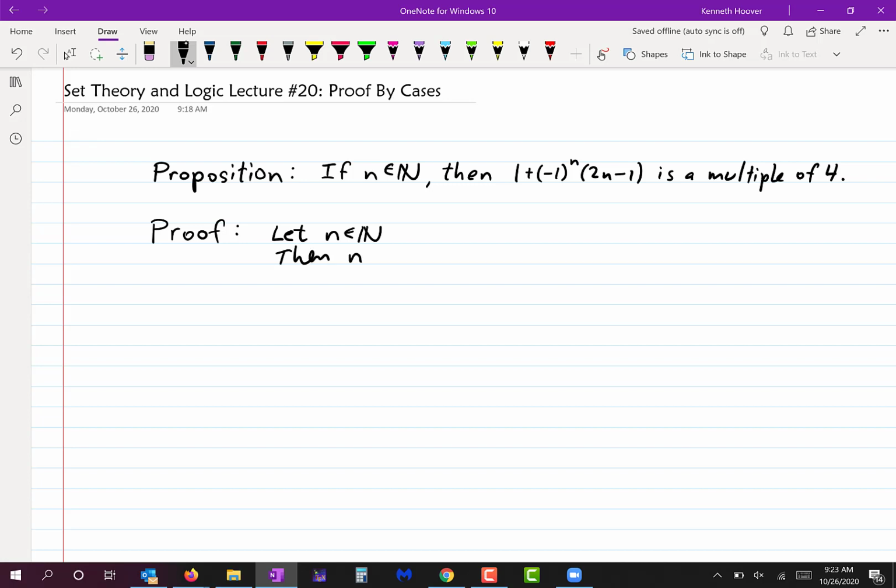I know n is even, or n is odd. Okay, and then I'm going to do those separately. I'll even put a space in there. You don't have to, but I'll do that. It might help keep things organized in your head.